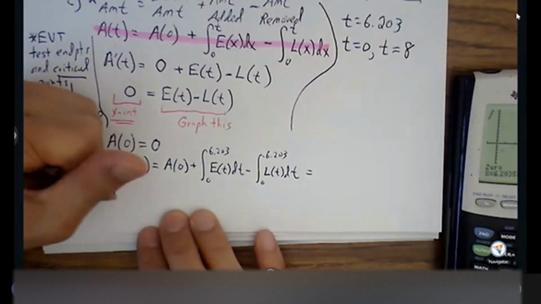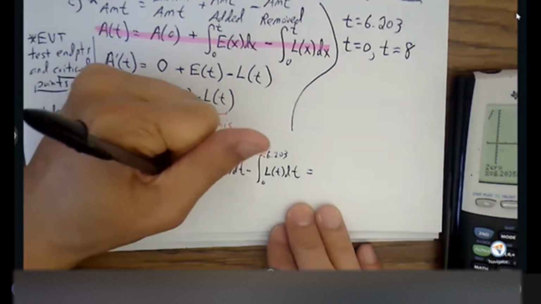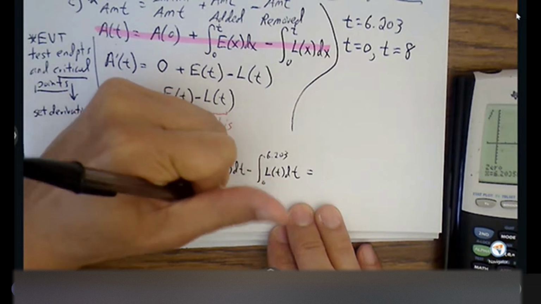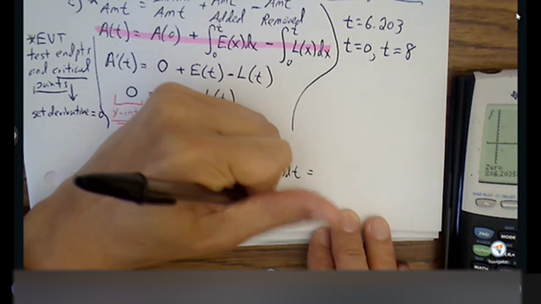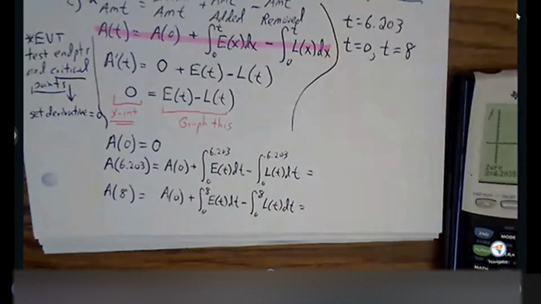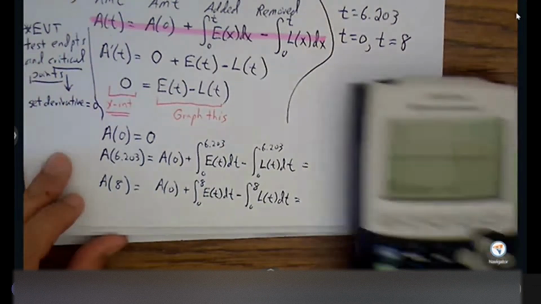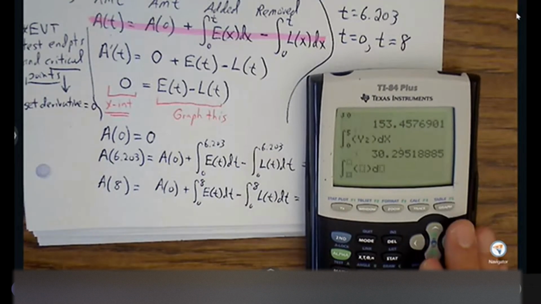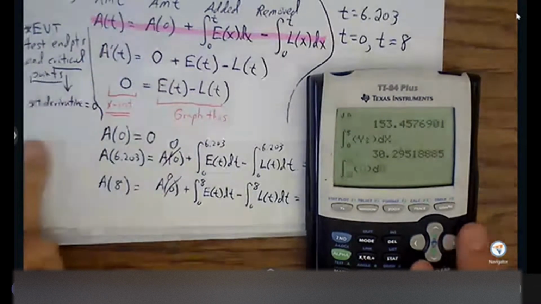A of 8, we can also test. Okay, rest can go in our calculator here. We know A of 0 is just 0, so we can just remove that.